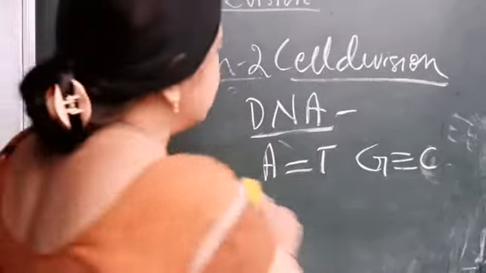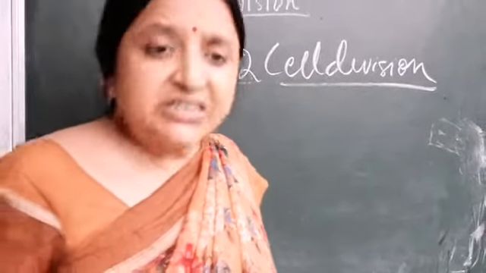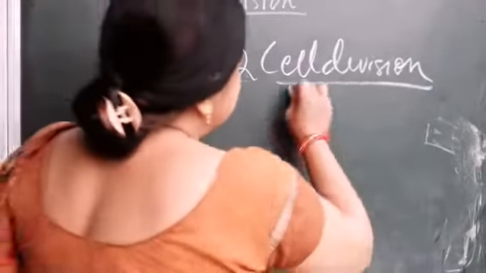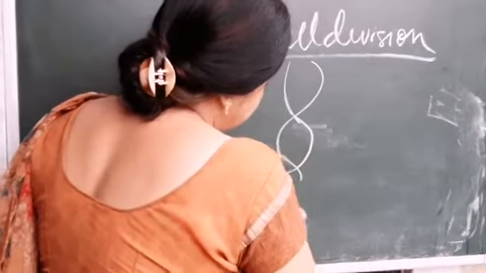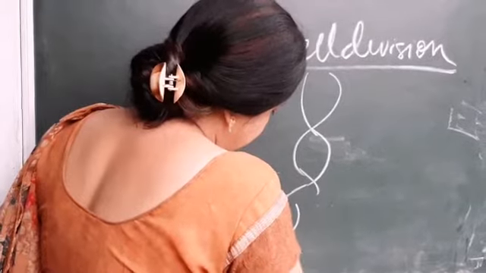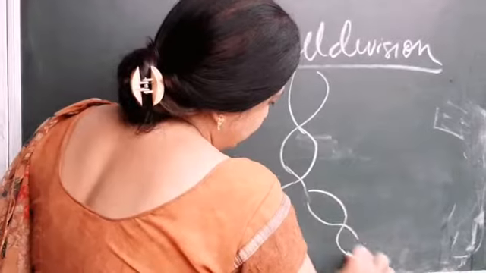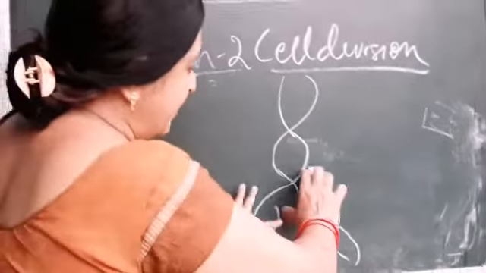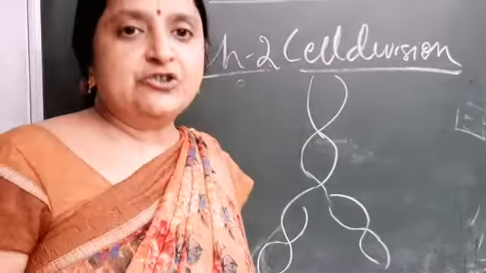Now the replication of DNA. Replication means how a single DNA converts into 2 DNA. Suppose this is the structure of DNA. In this way, a single parent DNA divides into 2 DNA, and this process is called replication of DNA.